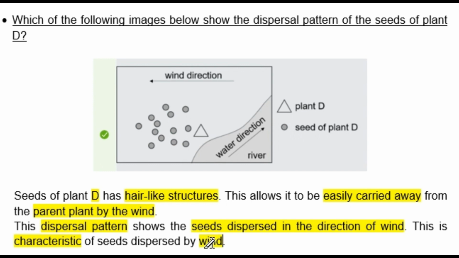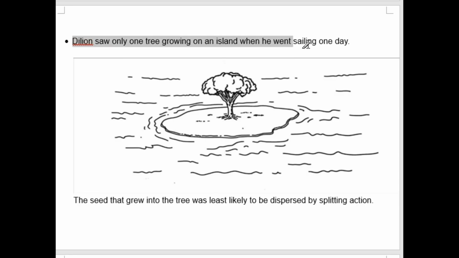This is characteristic of seeds dispersed by wind. Dylan saw only one tree, growing on an island, when he went sailing one day. The seed that grew into the tree was least likely to be dispersed by splitting action.